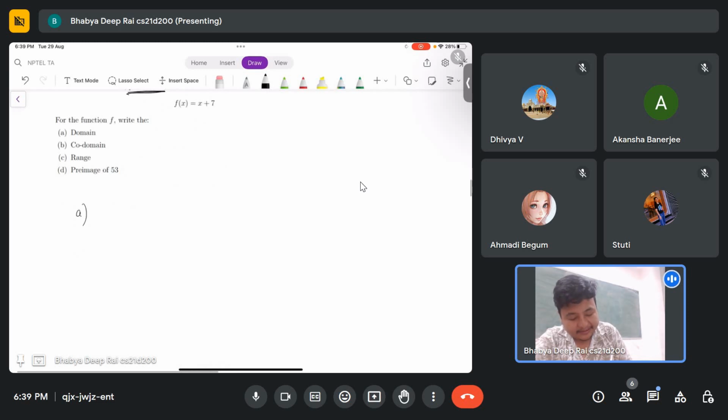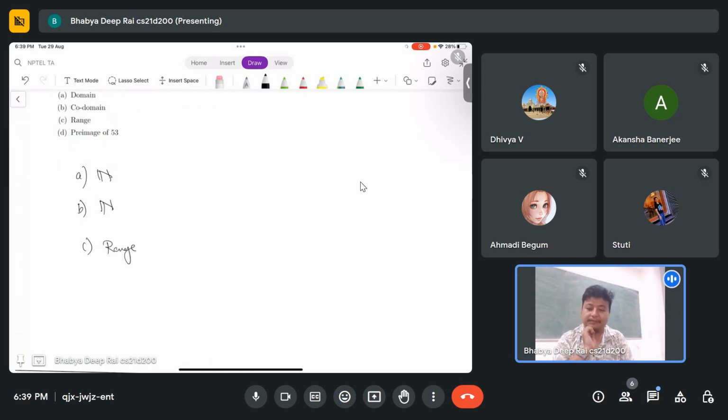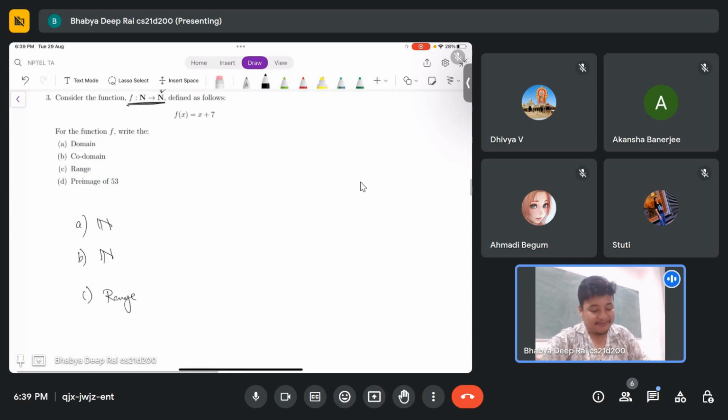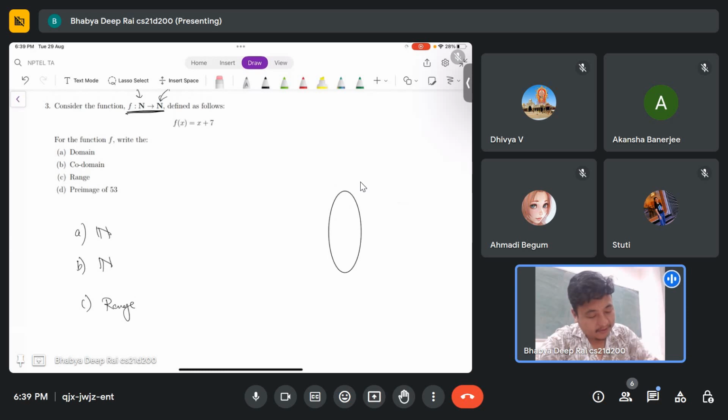So the answer for the domain is the set of natural numbers and for the codomain is the set of natural numbers. But now what do we need to find? The range. What is the range? As before, I think now you've got the general idea of it.